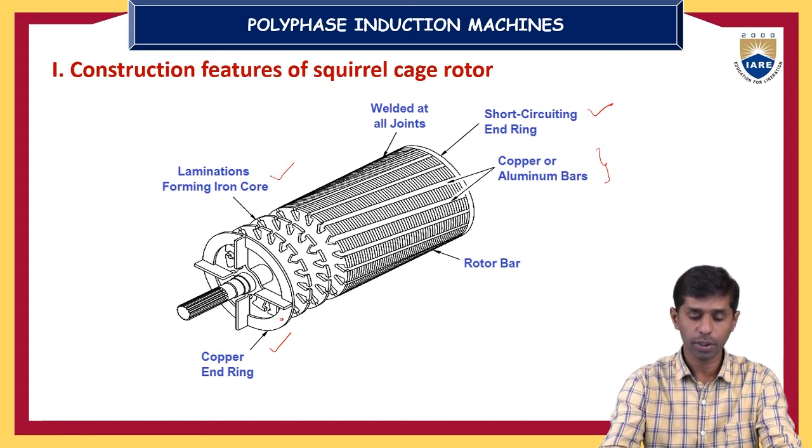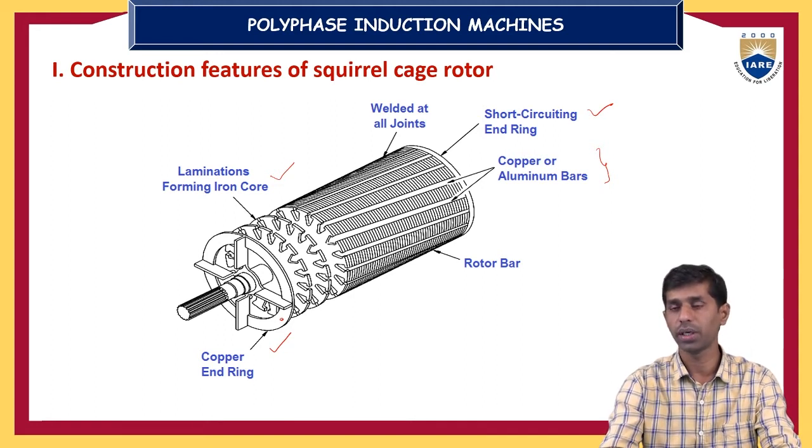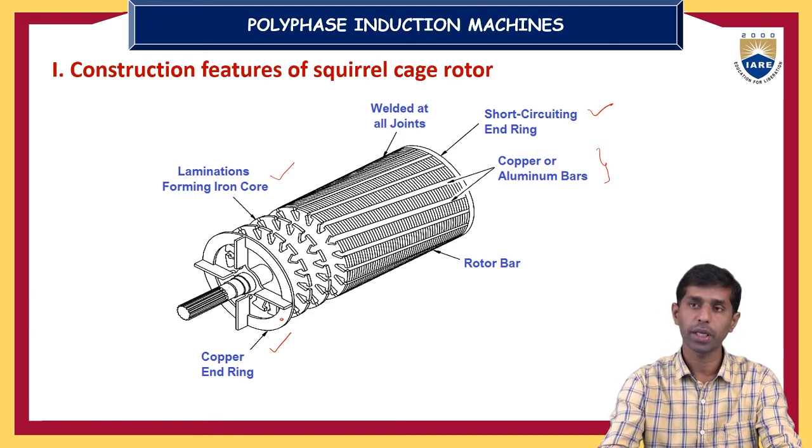Instead of copper bars, we can also use aluminum bars, but they have their own disadvantages compared to copper bars. Because of aluminum bars, the resistance of the rotor increases, so the ohmic losses increase, and the maximum torque developed remains unchanged, but the slip corresponding to the maximum torque changes.